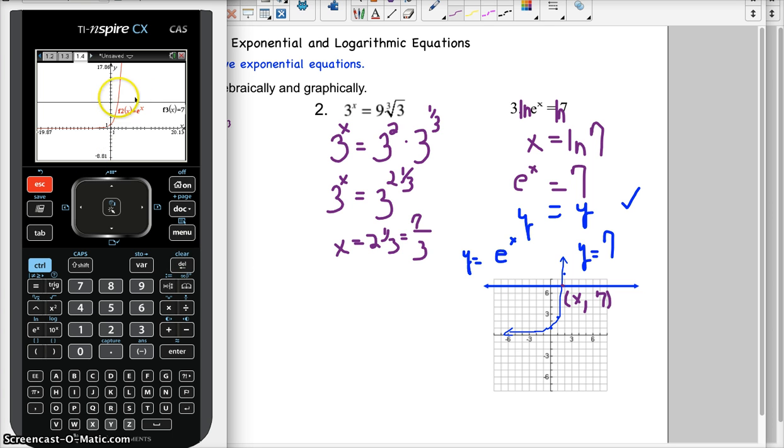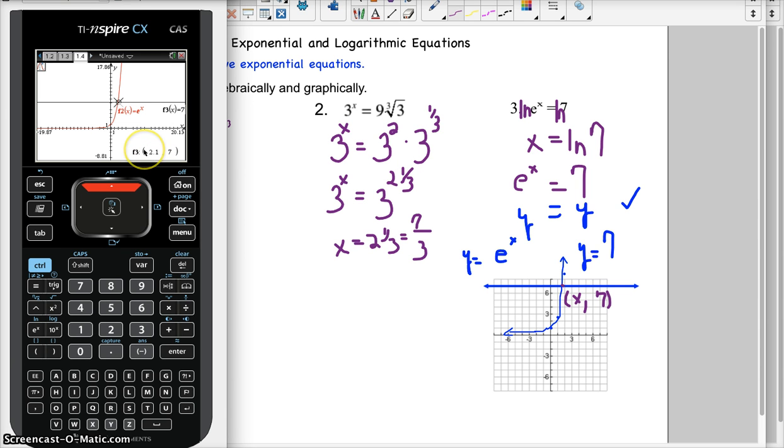So a couple ways you can find this value. You know, of course, you can trace until we get there. Remember, we are looking for a y coordinate of 7. And by tracing, it's hard to get exactly on it, but if we finally got there, 2.1 is the x coordinate.